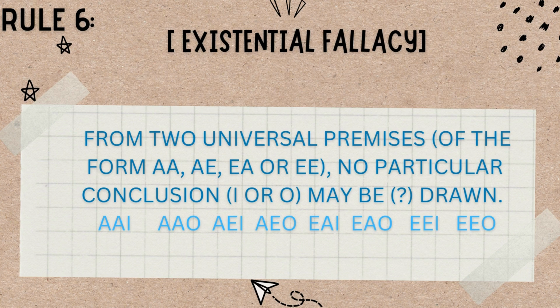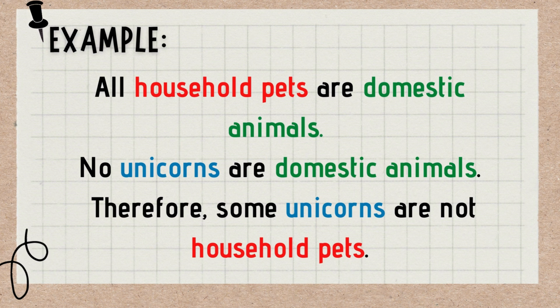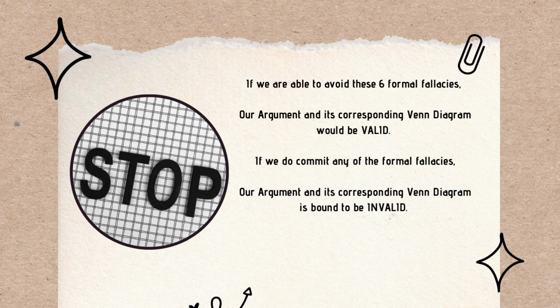So here we should not have AAI, AEO, like this. The conclusion should not be I or O if the two premises are universal. This is the existential fallacy. So we have seen all the six fallacies in syllogism.